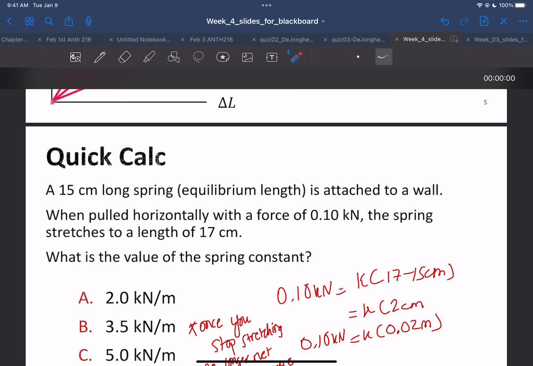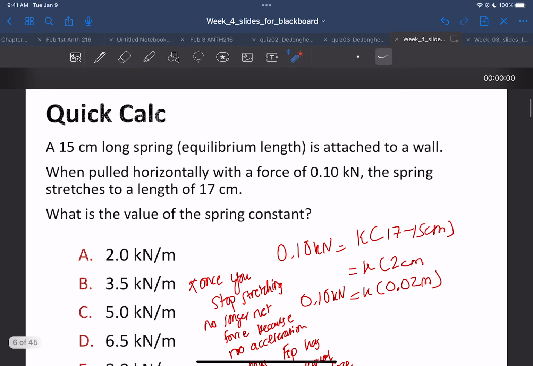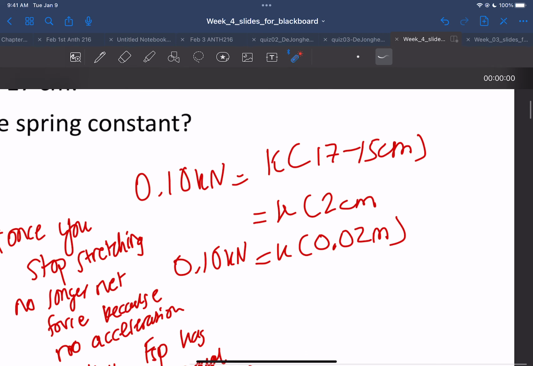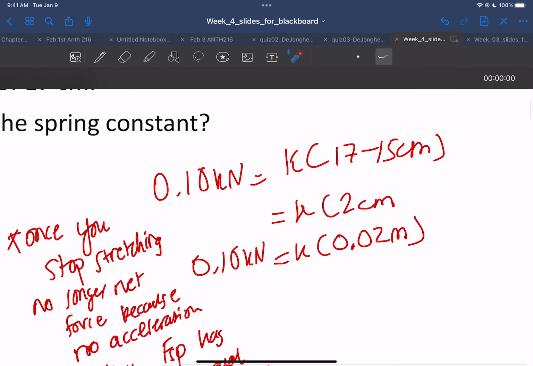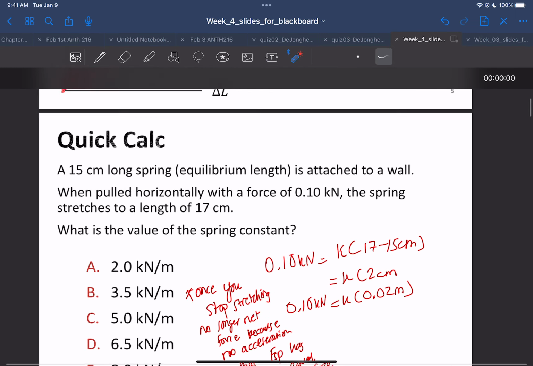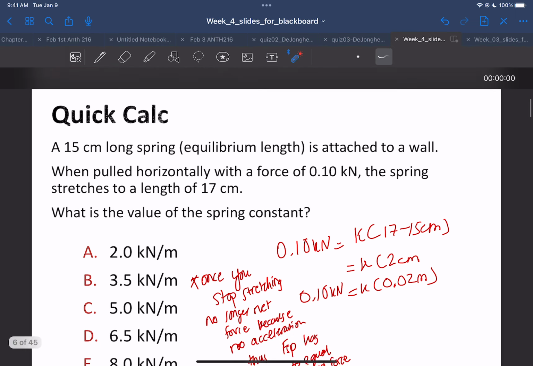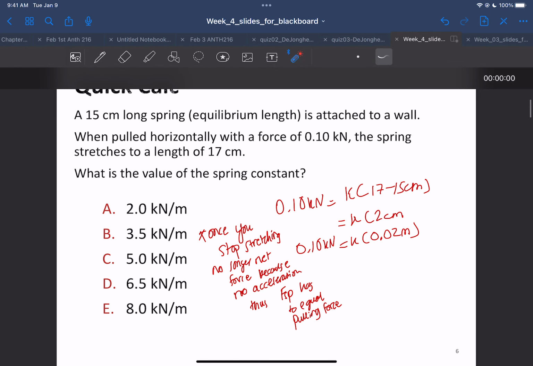Then we have a displacement of positive 2 centimeters. We can convert that to 0.02 meters because we want everything to be in SI units. And we know that the spring force equation is F_sp = -kΔL.